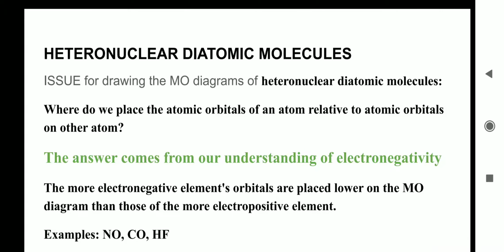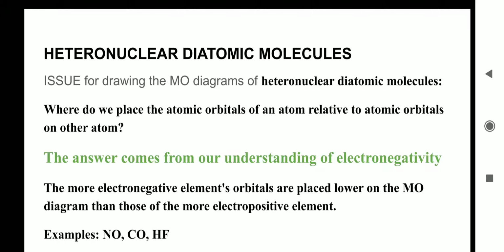Now there is one issue regarding the drawing of molecular orbital diagrams of heteronuclear diatomic molecules, and that is where to place the atomic orbitals of one atom with respect to the atomic orbitals of another atom. We cannot place them at the same level since these atomic orbitals are coming from two different atoms.